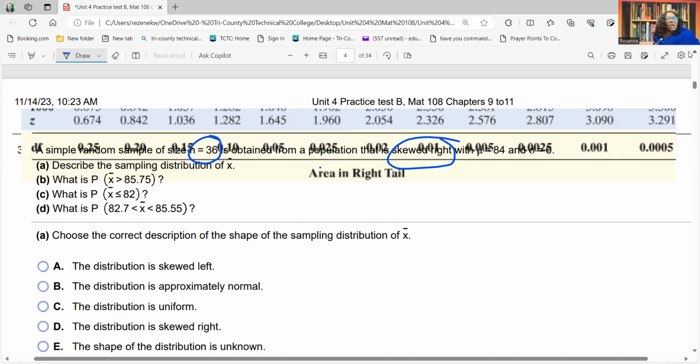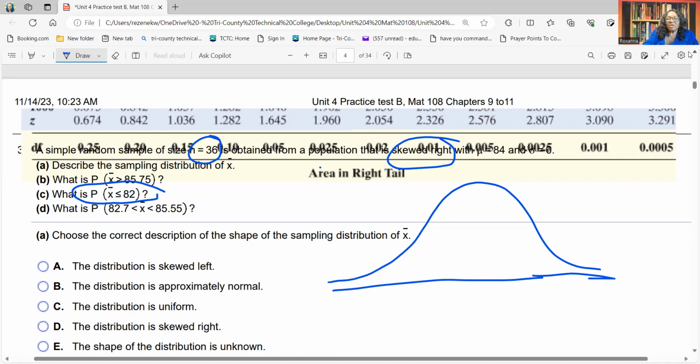Now I know I'm told to find what is the probability. Everybody look. What is the probability that X bar, a random variable, is greater than 85.75? Let me draw a normal curve. And if you allow me, I will draw a normal curve of the central limit theorem.